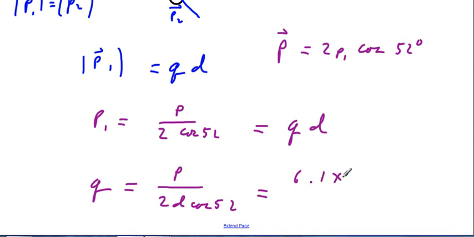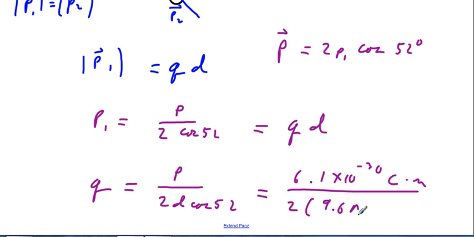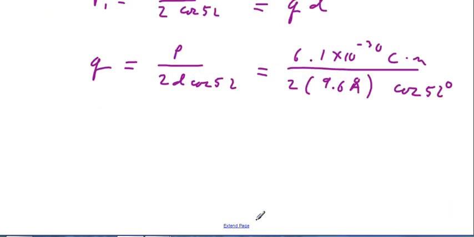6.1 times 10 to the minus 30th coulomb meters divided by 2 times the distance, 9.6 angstroms, and cosine 52. Now it's going to be a little difficult to put in your calculator, but I'm sure you can figure that out.